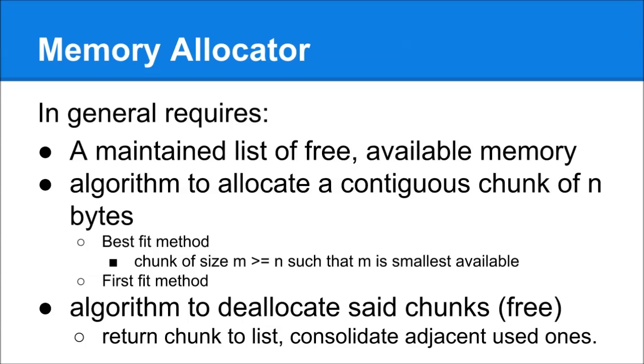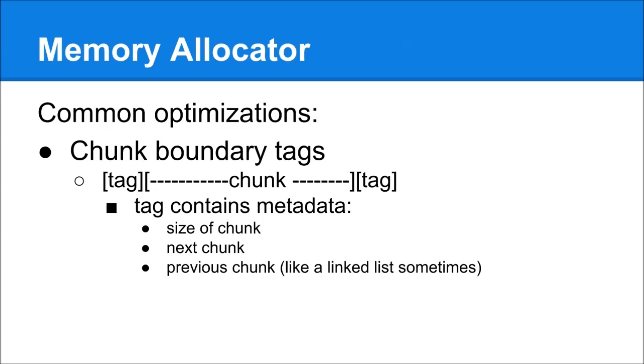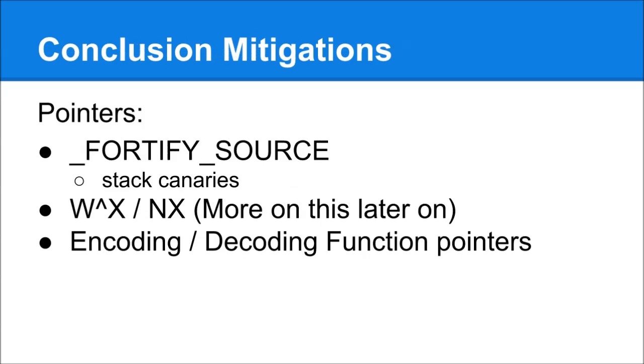And the main algorithms you have to optimize are the allocate algorithm and the free algorithm. These are basic data structures in computer science. And so it's common for a tag to contain the size of the current chunk, a pointer to the next chunk, and a pointer to the previous chunk, like a doubly linked list.